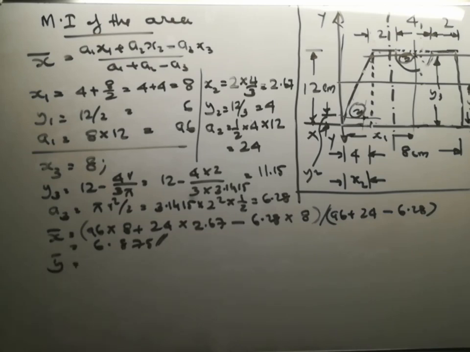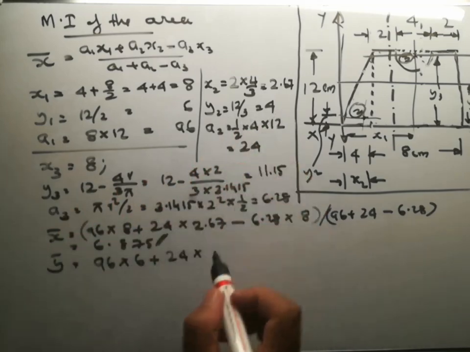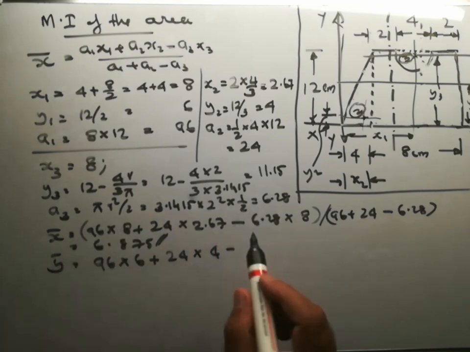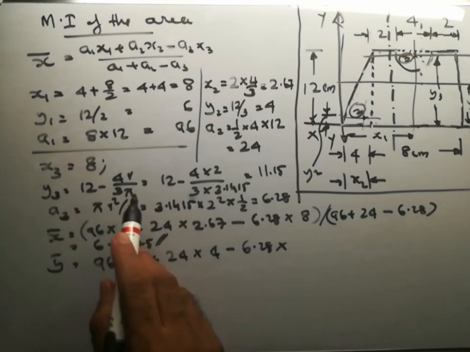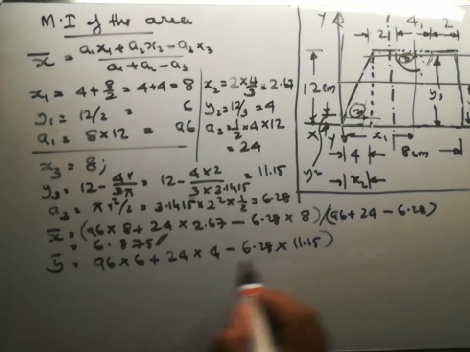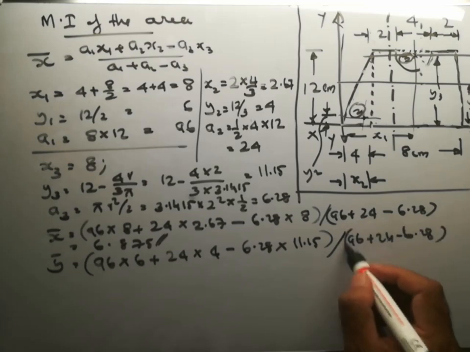Y bar is equal to a1 y1, 96 into y1 is 6, plus a2 y2, a2 is 24 into y2 is 4, minus a3 y3, a3 is 6.28 into y3 is 11.15, divided by the same thing, 96 plus 24 minus 6.28.